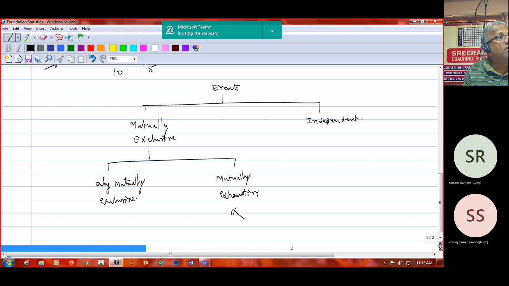Raining will be there, night will be there. When you want to work out the probability for independent events, what have we done? Number of ways, we have multiplied. Where have we added? Whenever we had mutually exclusive, we have added.